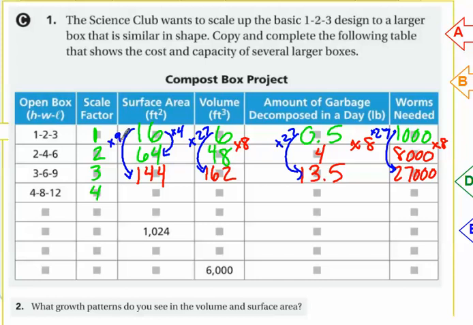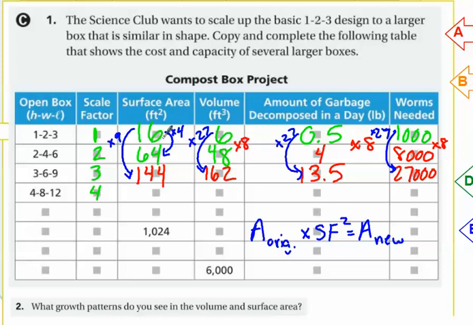So if we're looking at some of the rules, we have to go back to when we thought about area. When I was scaling area up, the formula that we used was area of the original multiplied by the scale factor squared was the area of the new. I'm going to use that exact same formula here.